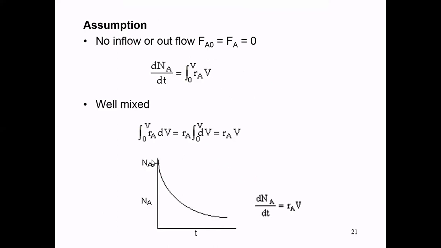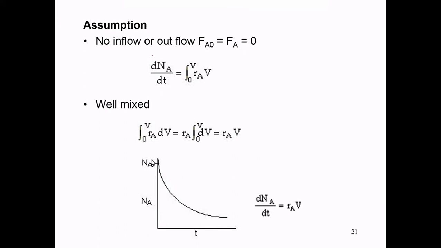So the assumption in a batch reactor is that there is no flow in and flow out. So FA0 is equal to 0, so FA is also equal to 0 because there is no flow in and flow out.